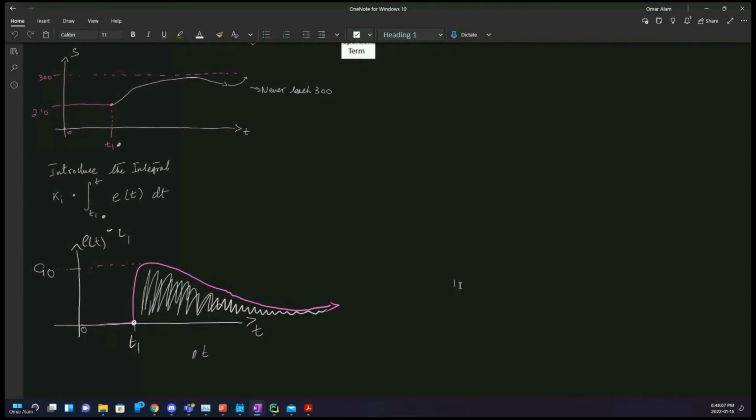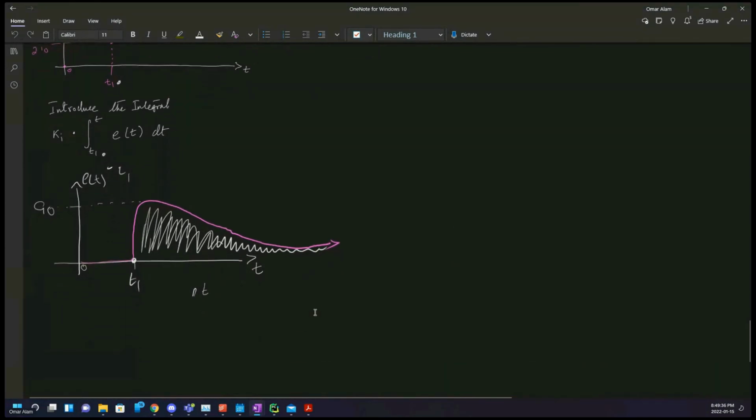But your error function decreases with time, then it will go up again, and it will come down again. And the integral in this case is the area underneath the curve, between the curve and the t-axis, the x-axis. That's the integral value that you're seeing here.